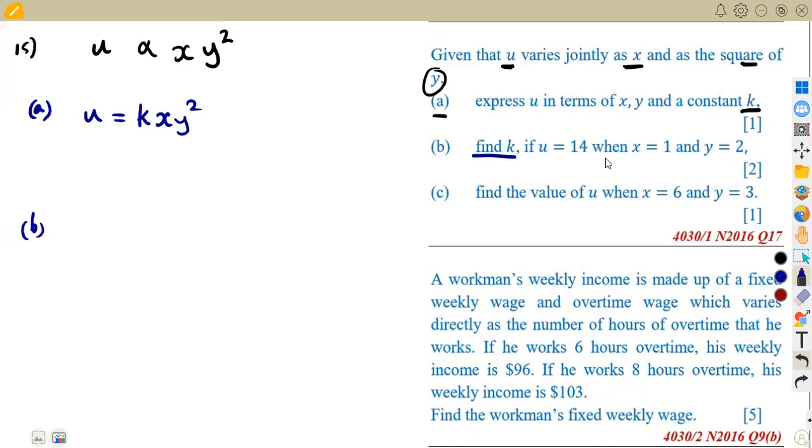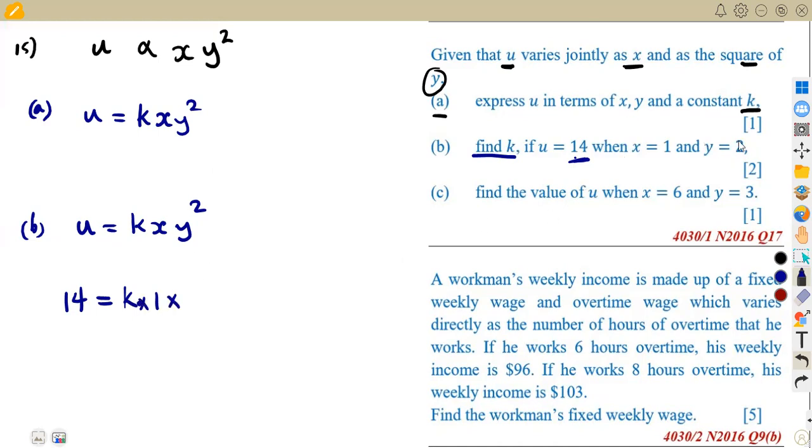Given this information, we are supposed to find now the value of k from where? From this equation that we have connected in terms of the constant. We can substitute our values in this case, whereby u is given as 14. So that means we are going to have 14 is equal to k times x. Our x in this case is 1, times y squared.